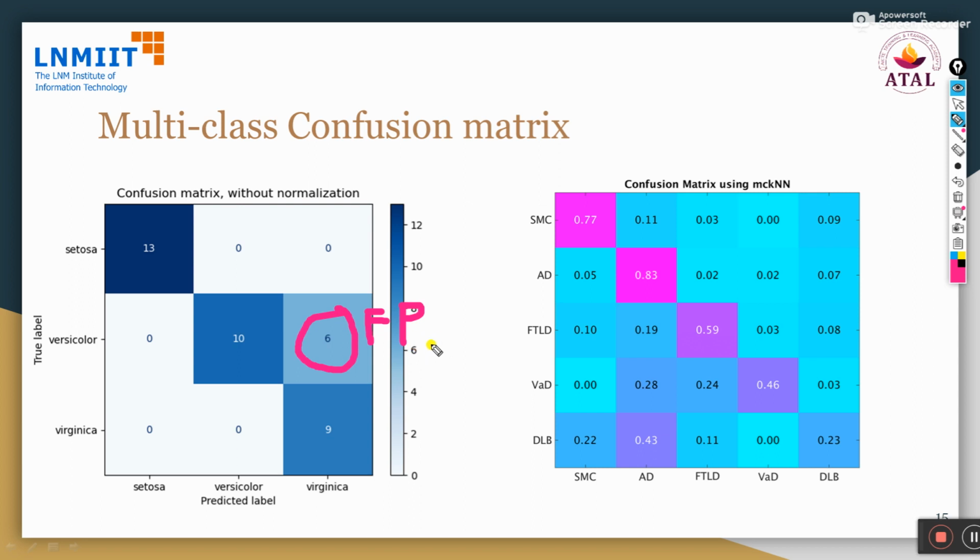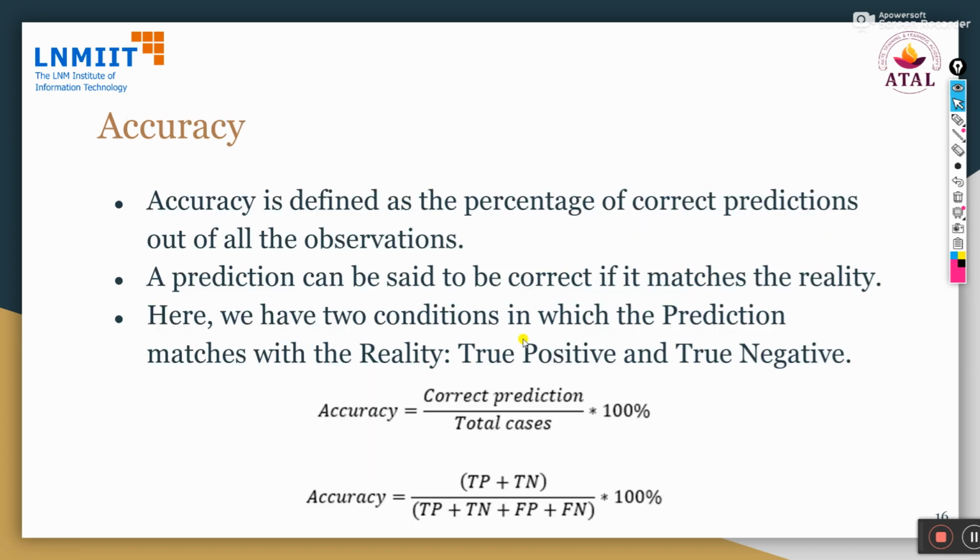Yes. So this is false positive. My prediction is saying yes, but the reality is saying no. Similarly, on the right hand side we have a larger error on the system and more parameters, so we can have a 5 by 5 confusion matrix.